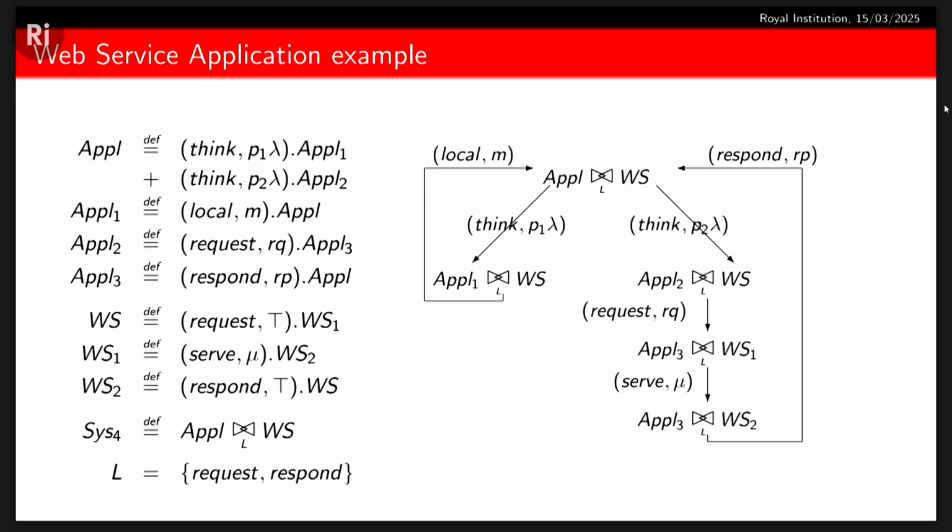And then we can study, if you can see that at the end of the think, we're using one of those probabilistic choices. So some proportion of work will be local, some proportion will use the web service. As we alter those proportions, we can see how responsive the system is.